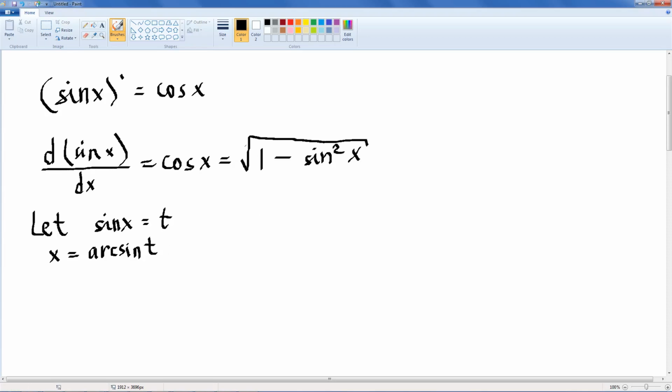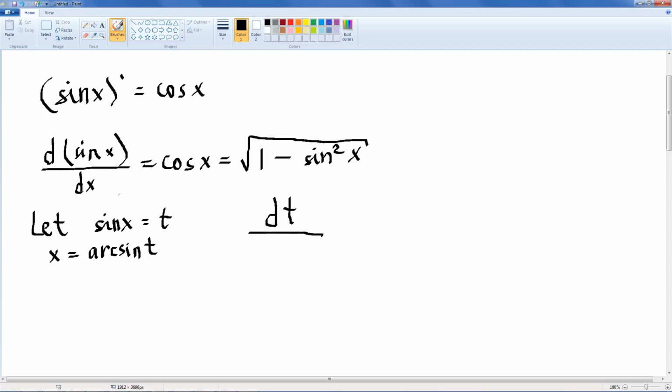So now let's just rewrite this whole thing: d of sine x over dx equals the square root of 1 minus sine x squared. We're just going to rewrite the whole thing using t only. And so let's write it over here. So instead of d of sine x, we're going to write d of t, because sine x equals t, right?